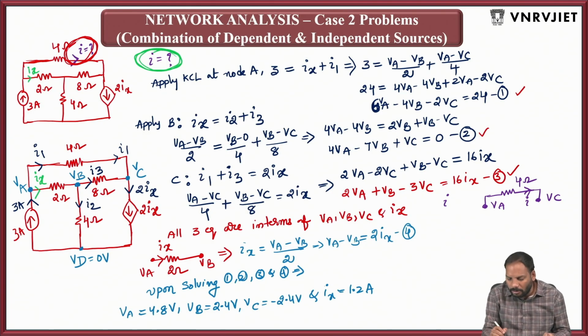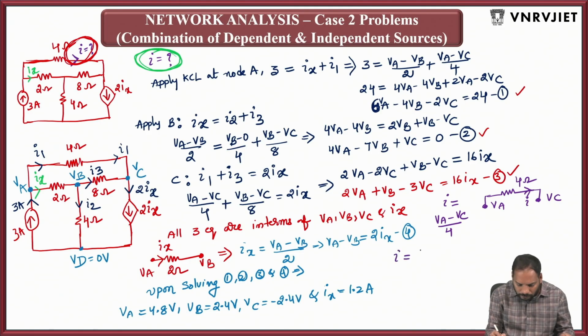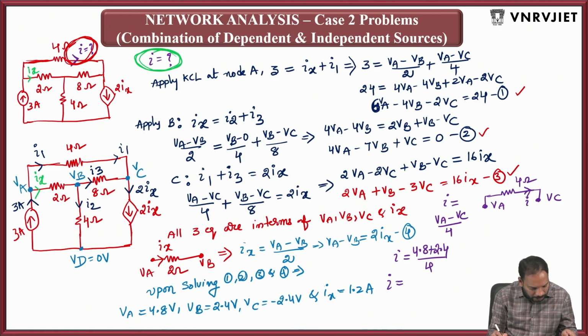So from this, the value of I is simply equal to (VA - VC)/4. That means I = (4.8 - (-2.4))/4 = 7.2/4. Upon solving this, finally you get the value of current I as 1.8 amperes.